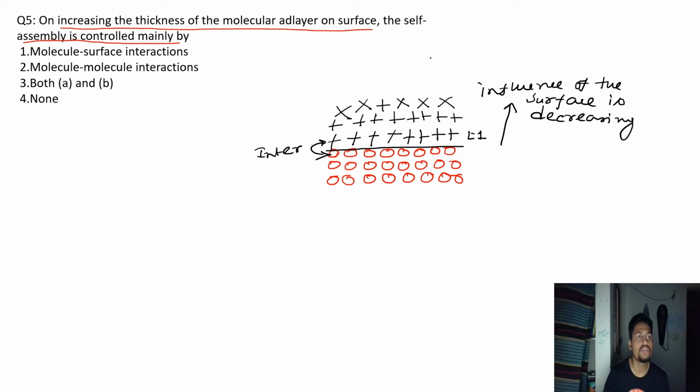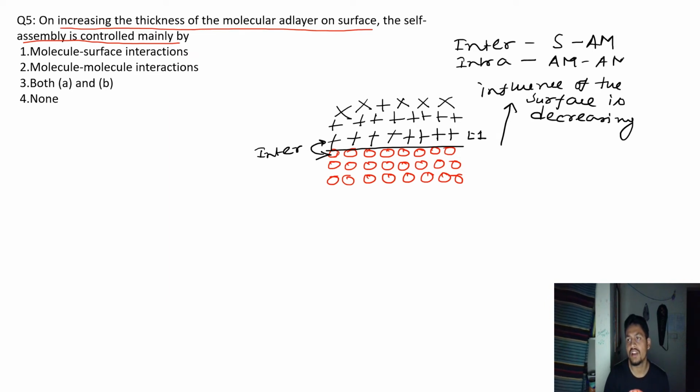Now we know the two types of interaction we always talk about: intermolecular, that is between the surface and add molecules, and intramolecular, that is between the add molecules themselves. Sorry, I was always talking about add atoms; here it is add molecules.